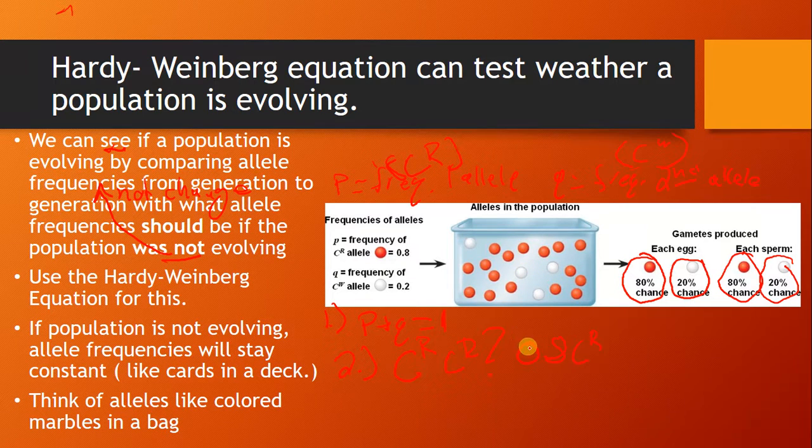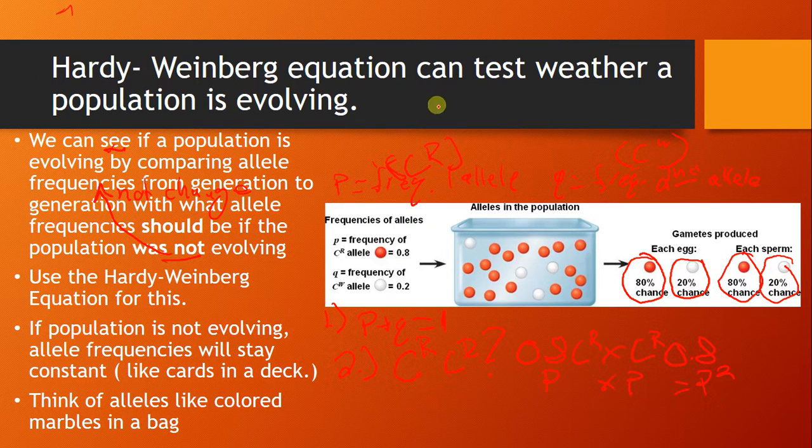And if we pick our second marble out of there, it also has a 0.8 chance of being a CR. So the probability of picking 2 CRs out of this population is 0.8, our P, times P, or P squared.